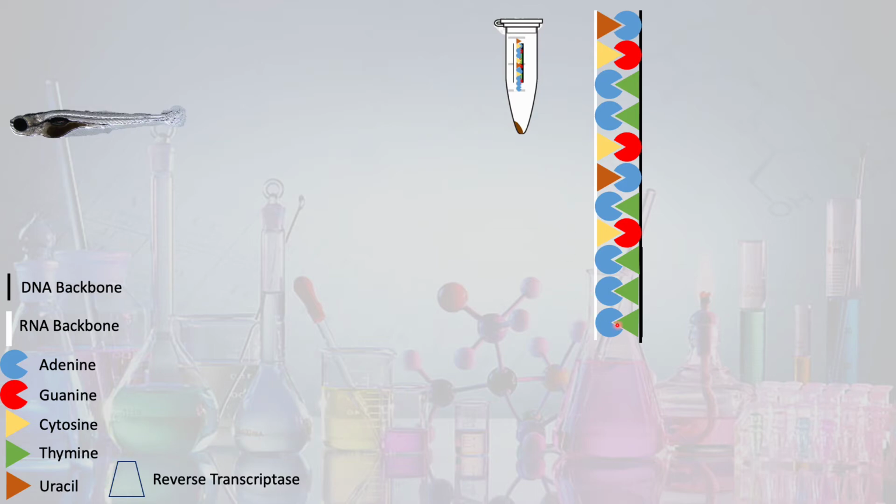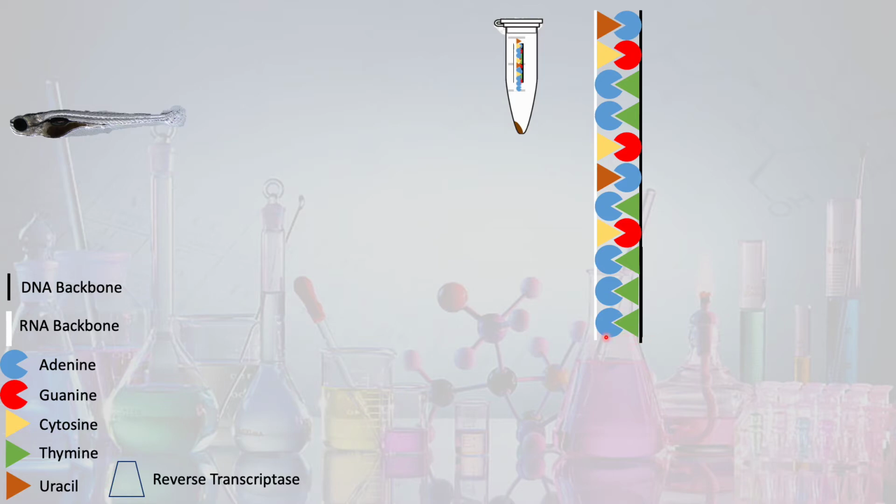So now we've performed our cDNA reaction. We have the production of a cDNA complement to our mRNA of our gene of interest, and this has occurred in a 1-to-1 ratio. So if there was one strand of mRNA floating around in the cytoplasm, now we have one strand of our complementary DNA.